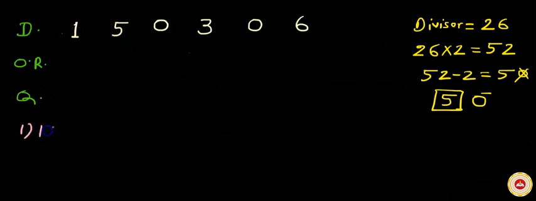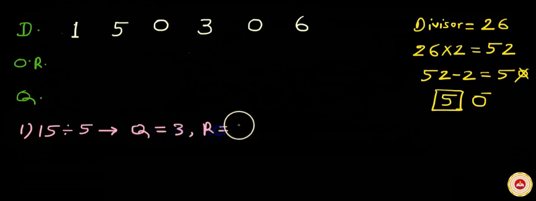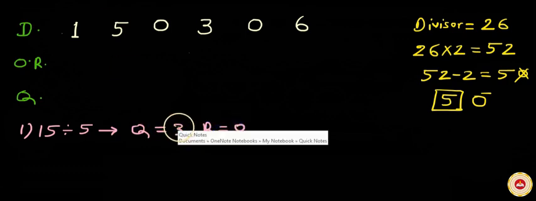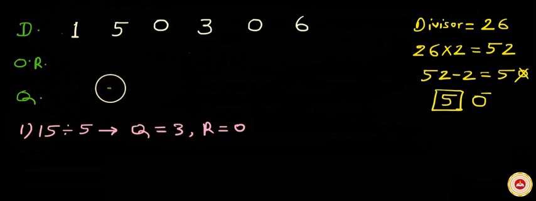So 15 divided by 5 gives us quotient 3, since 5 3s are 15. Quotient is 3 and remainder is 0. So write quotient 3 in the quotient area and the remainder 0 as a prefix to the next digit in the dividend, which is 0. Now read this as 0.